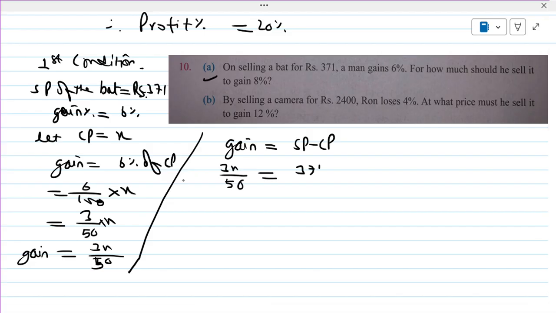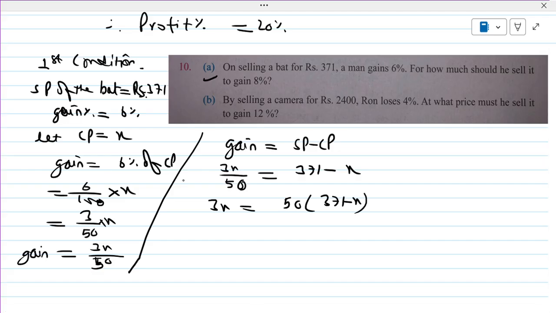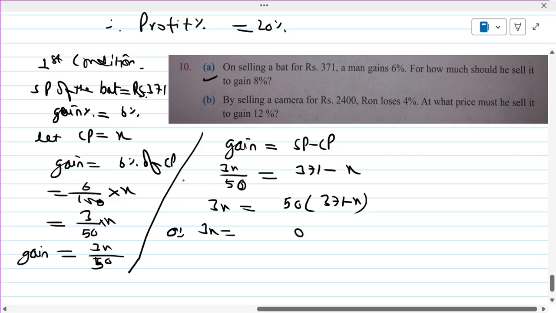Selling price is 371, and CP we supposed X, so 3X equal to, now we go for cross multiplying, 50 into (371 minus X). So 3X equals 50 into 371: 5 ones are 5, 5 7s are 35, 5 3s are 15, 15 and 3 is 18.